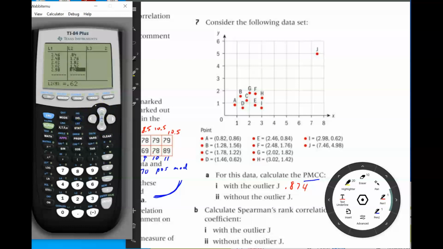Okay, so we removed J, and then we're going to do stat MAIlinreg again. And it's 0.0776.